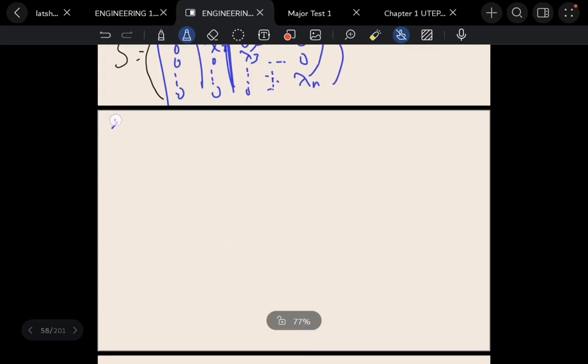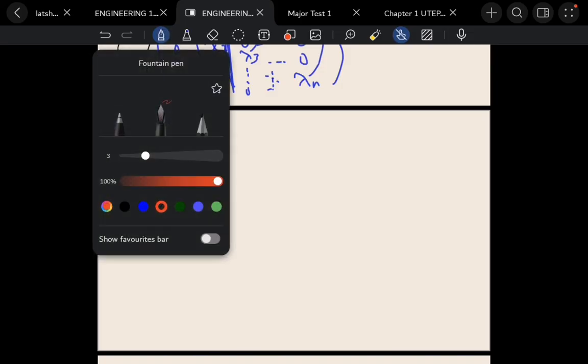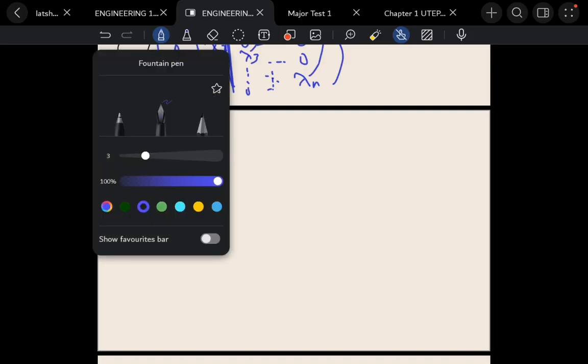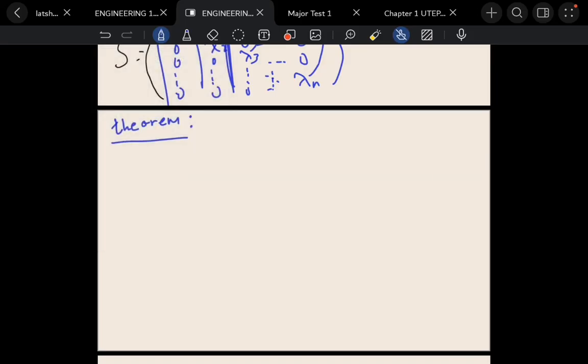There is a theorem. The theorem states that the inverse of the modal matrix multiplied by the original matrix A times M gives the spectral matrix.